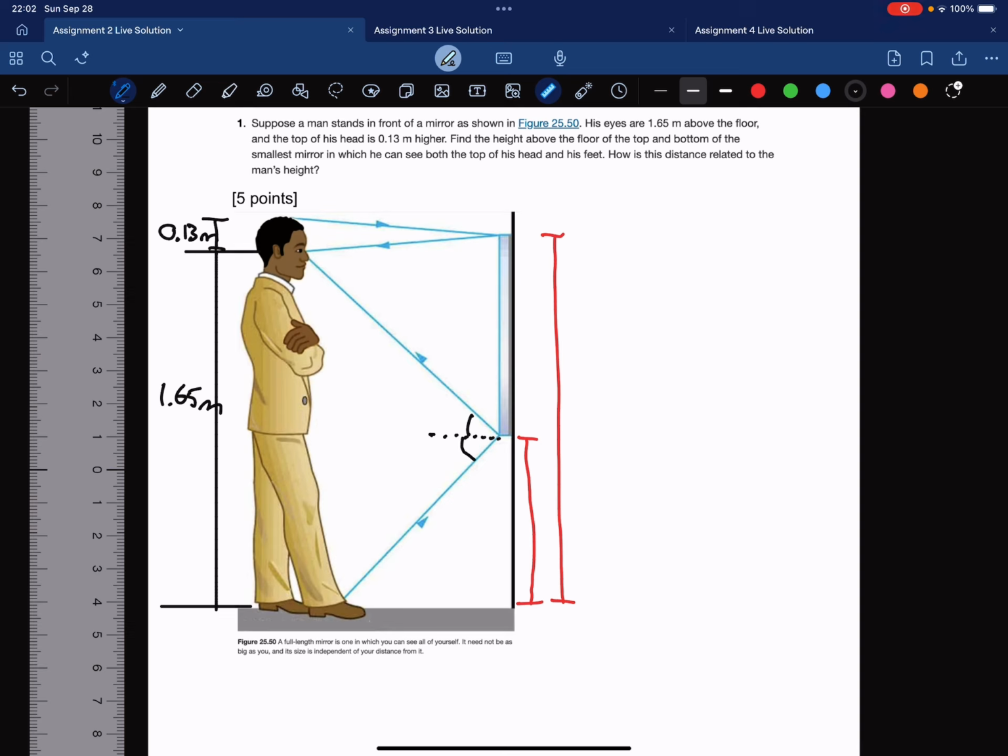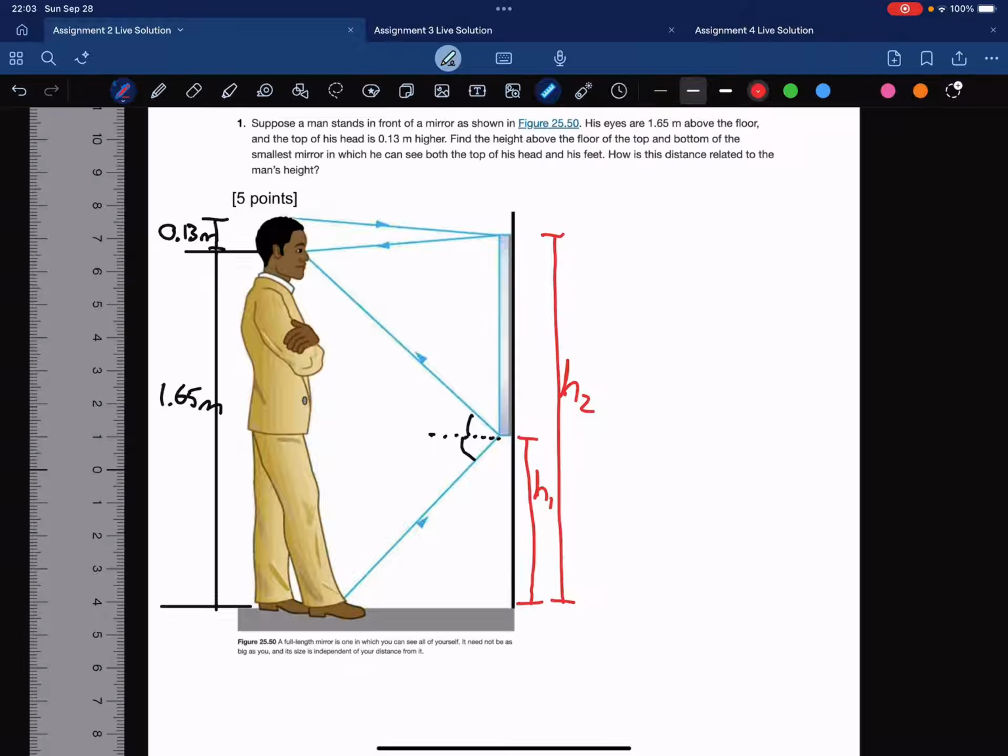And because of that, we know that where that light ray coming from the foot going to the eyes hits the mirror is exactly halfway between his feet and his eyes. So this bottom part I'm going to label H1, height 1. The other one I will label H2 for height 2.